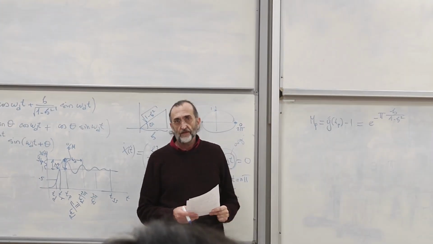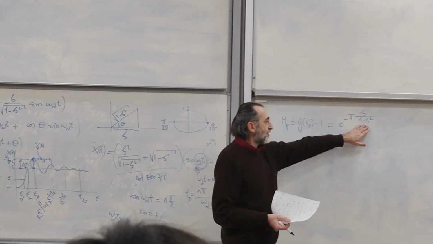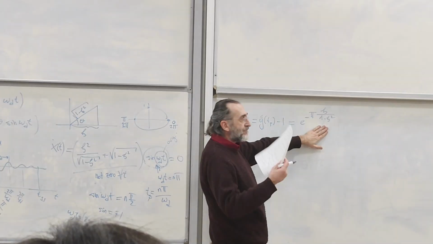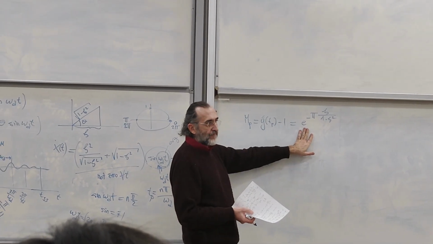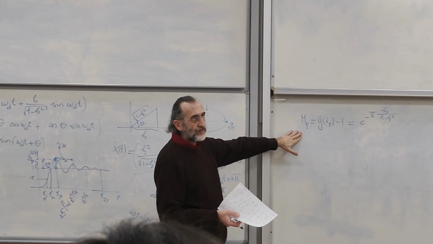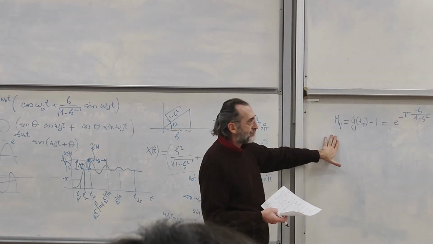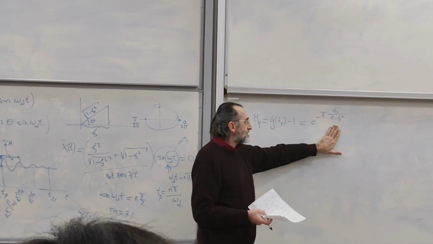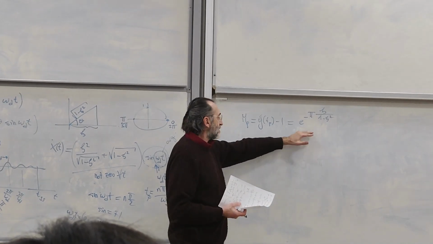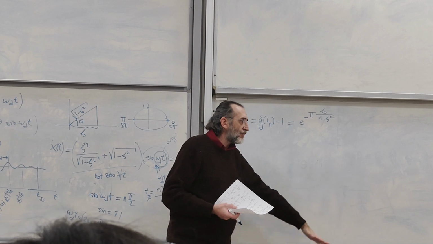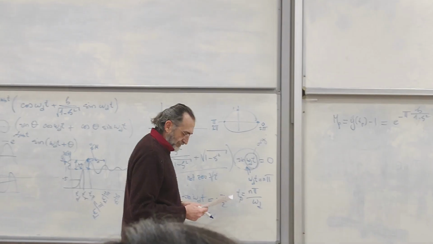If you have zeta infinite, then this is going to be 0, so you're not going to have any overshoot. If zeta is greater than 1, then this is going to go down, down, all the way to 0.